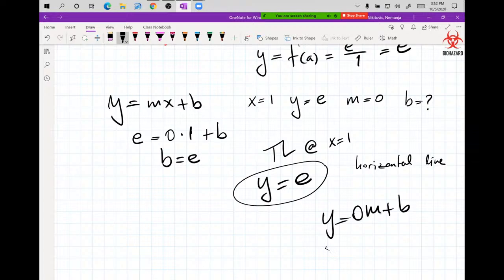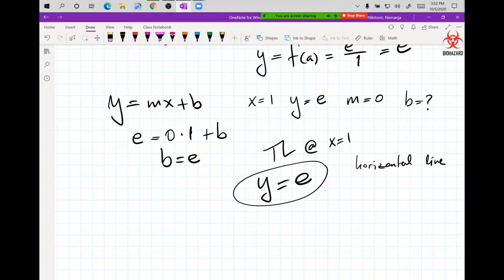Since 0 times x altogether is 0, and then plus b is altogether b. So that's what it is. So y equals e is our answer.